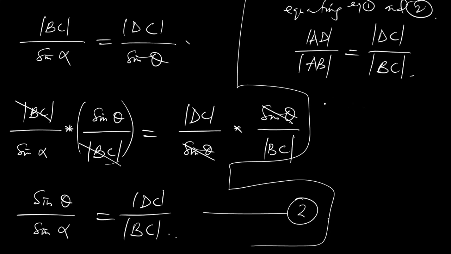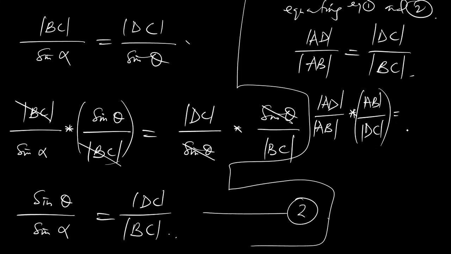So now what we're going to do is, this AD divided by AB, we multiply it both sides with a factor. And the factor we are going to use to multiply both sides is AB all over DC.